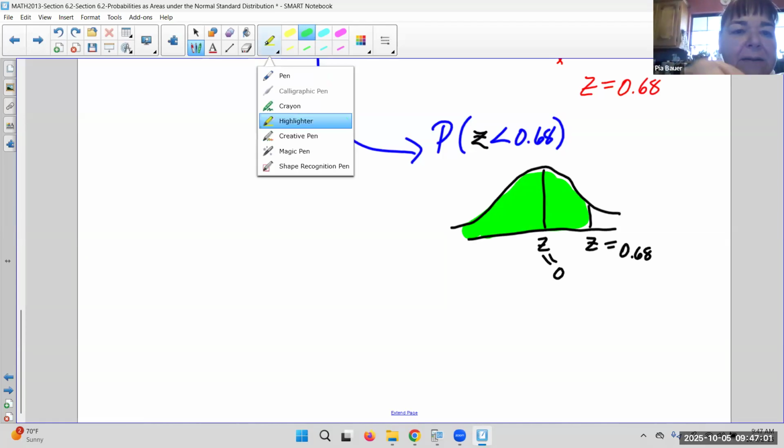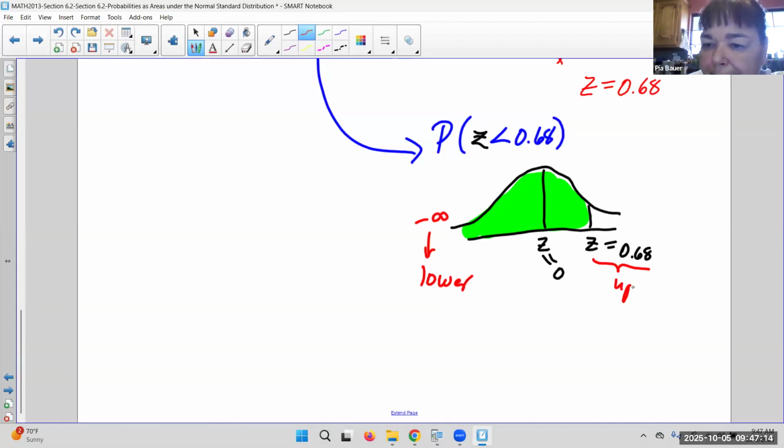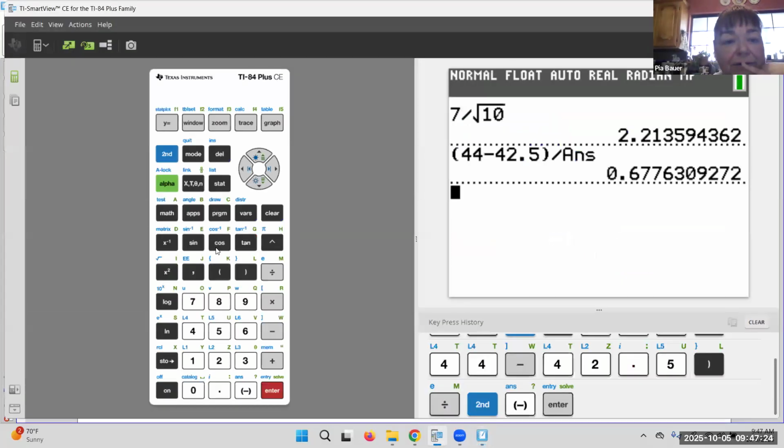So then my lower limit will be negative infinity. My upper limit will be this Z-score. And now we can go to option 2 of the calculator.